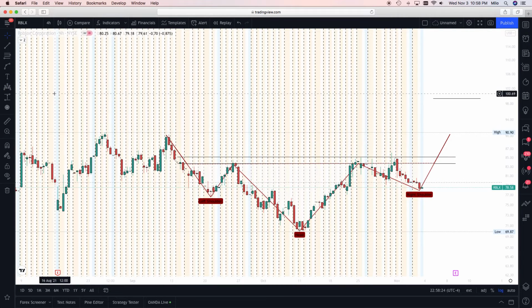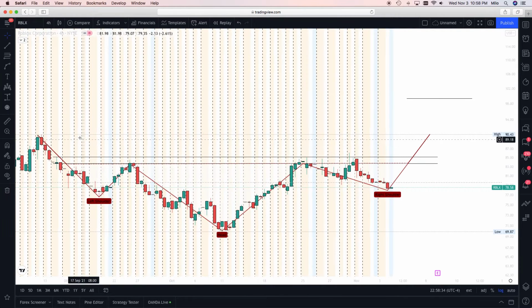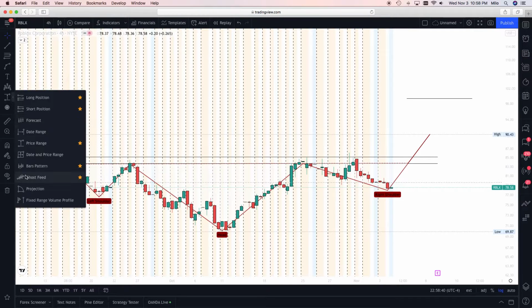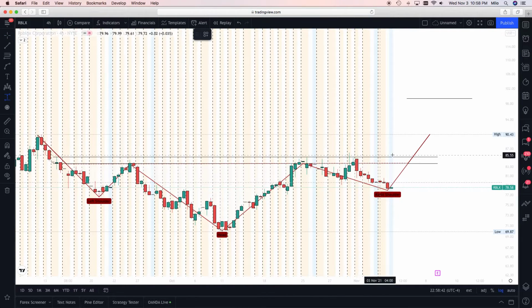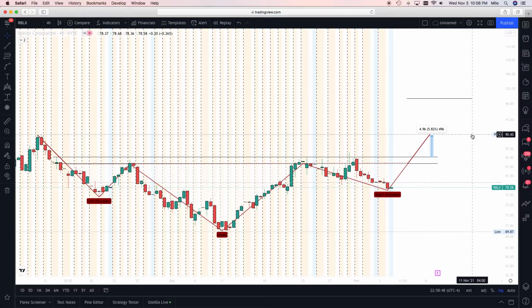Now the head and shoulders after the breakout should come to the same size as the other shoulder, which gives us a target of 90.40, which isn't as impressive as our target up here.